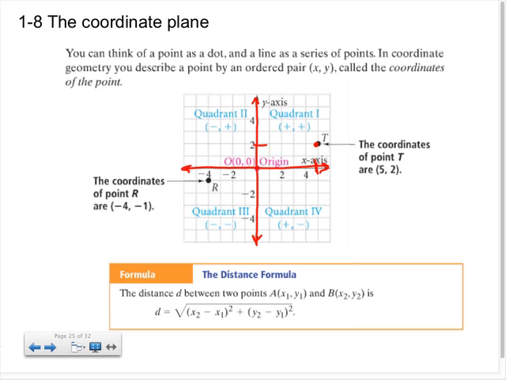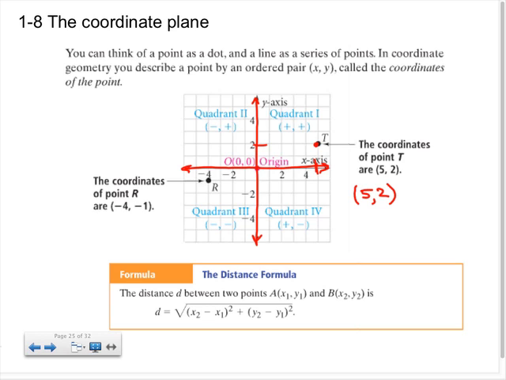We can state its location as a coordinate. We always write its x-axis coordinate first, so it's sitting at position 5 along the x-axis, and it's sitting at position 2 along the y-axis. So we separate that with a comma. We put the x position first, and then the y position second. So we can say that the point T lies at 5, 2.